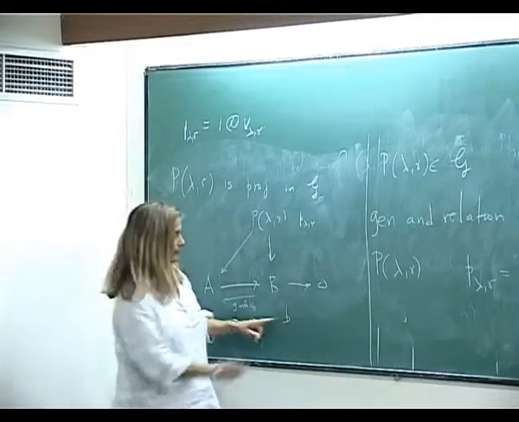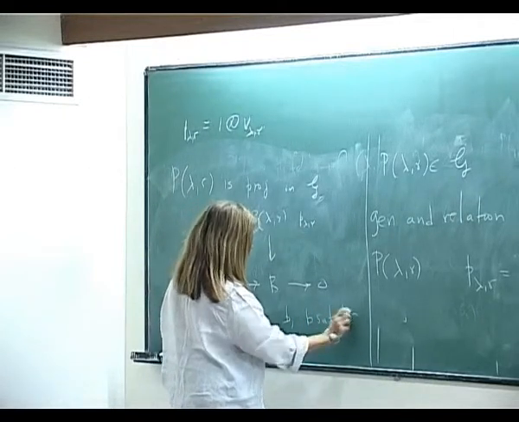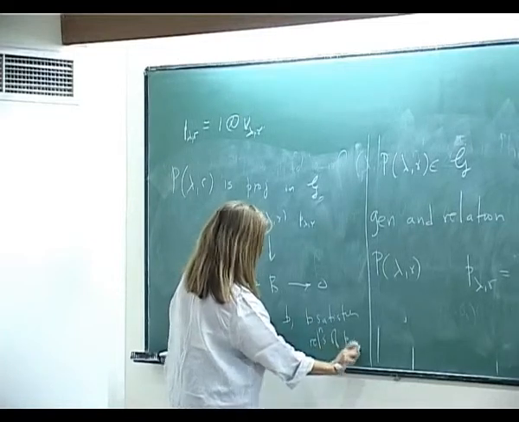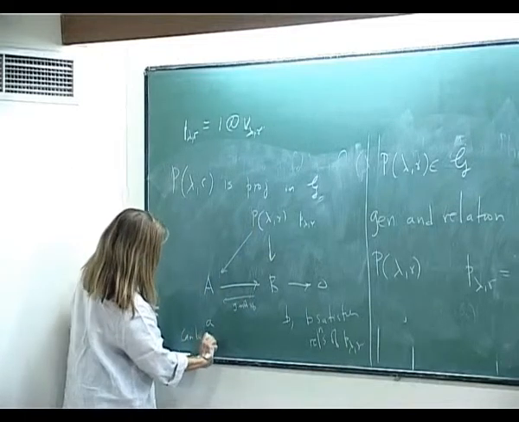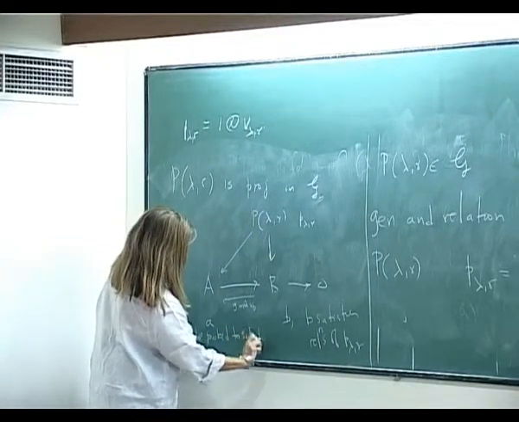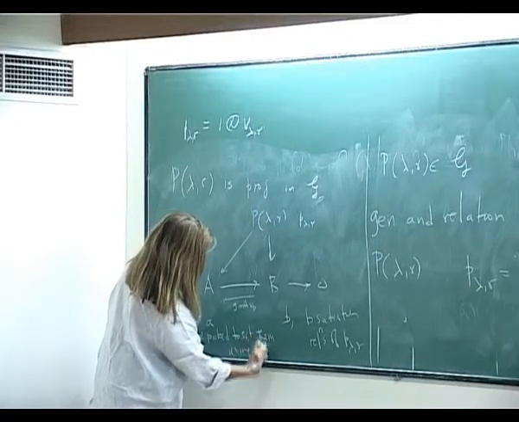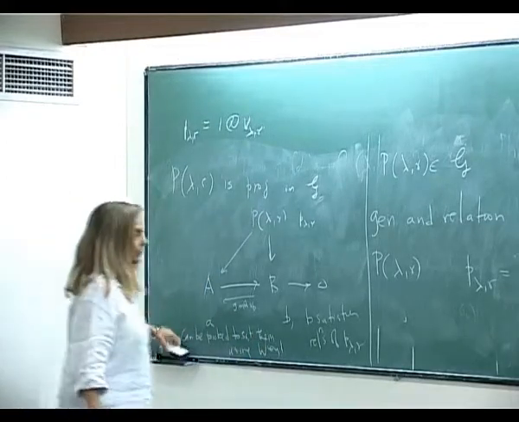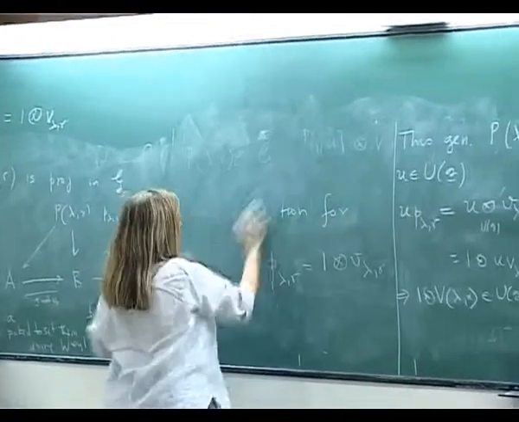Okay, so B satisfies the relations of P lambda r, and A can be picked to satisfy them using Weyl's theorem. I have a map like this, diagram commutes, it's projective. Is that all right?